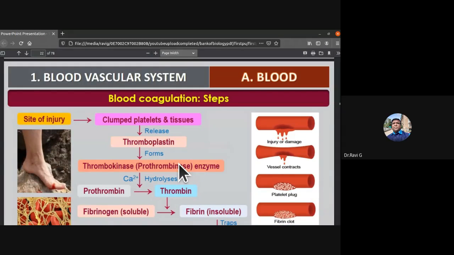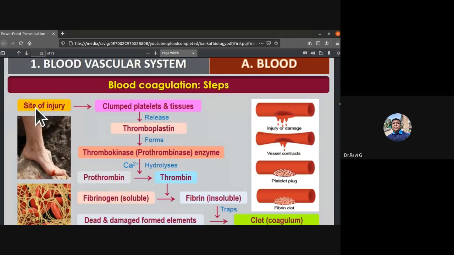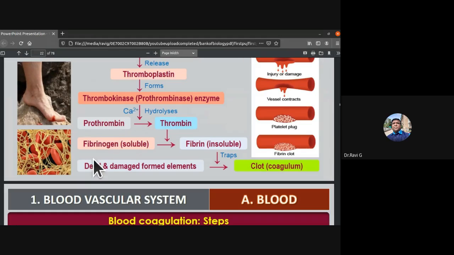How is blood clotting taking place? The steps involved are: at the site of injury, there is damage of the skin and bleeding takes place. The vessel contracts, forming a platelet plug and then a fibrin clot. The clumped platelets and tissues release thromboplastin, which forms thrombokinase, or prothrombinase enzyme.